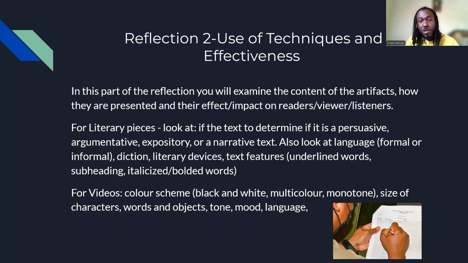Okay, so for literary pieces, look at the text. So you can look at these things. Look at the text to determine if it is a persuasive or argumentative expository piece, or if it's a narrative piece. Also look at the language, whether it's formal or informal.